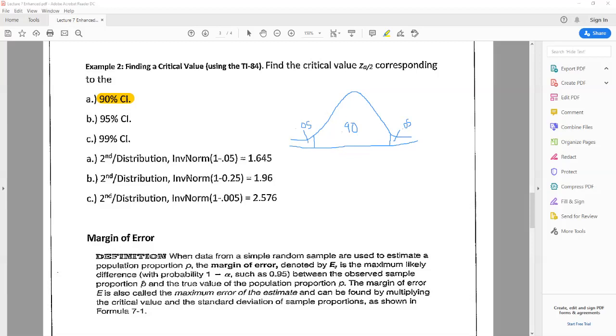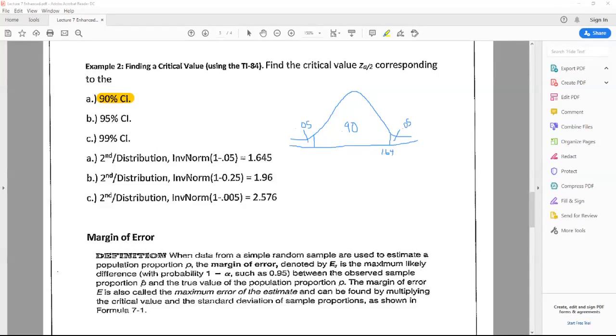Okay. So how would we generate the critical value? Well, remember, if you use inverse norm, you have to tell the calculator the area to the left of the critical value. So if I want the critical value for this region here on the right, then I would say inverse norm of 0.95. An inverse norm of 0.95 is going to give me 1.645.